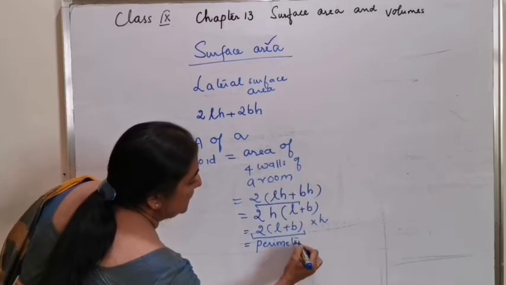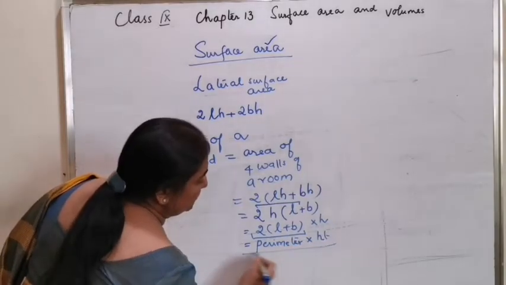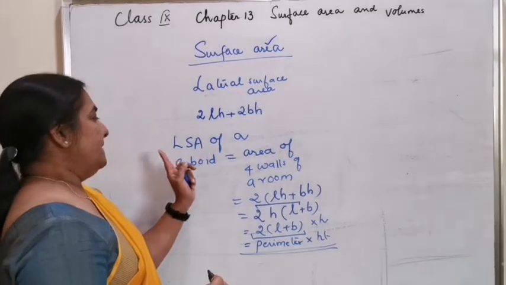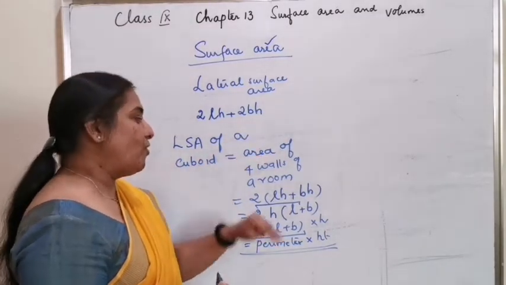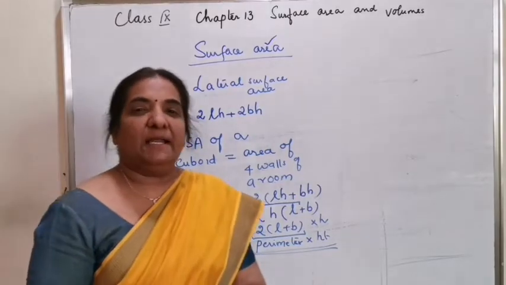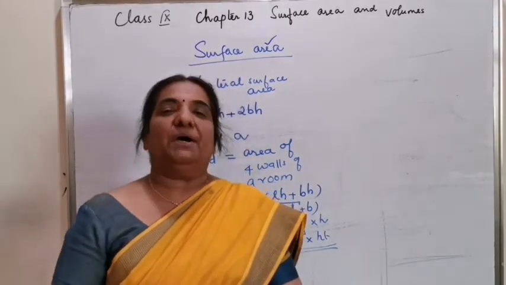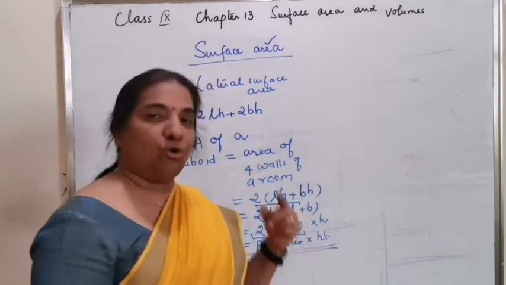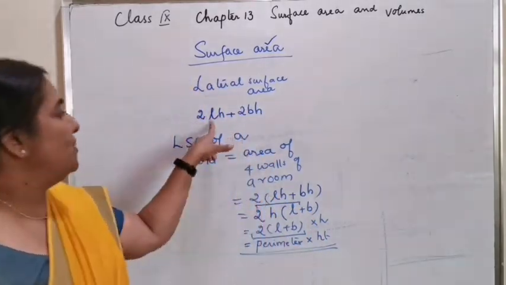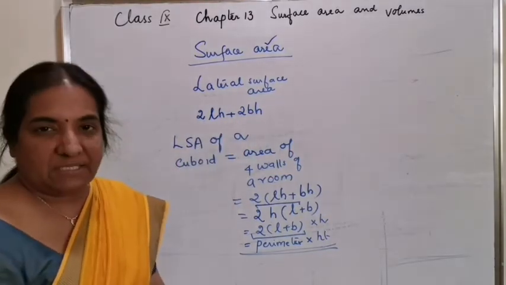That is perimeter into height of the room. That is, the LSA of a cuboid is the same as area of 4 walls of a room. The formula is perimeter into height. That is 2 into L plus B into height, or you can remember it as 2LH plus 2BH.